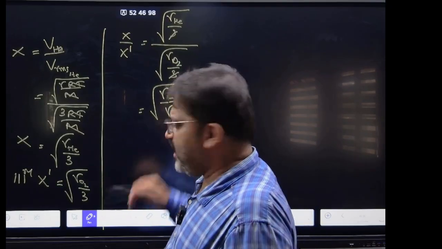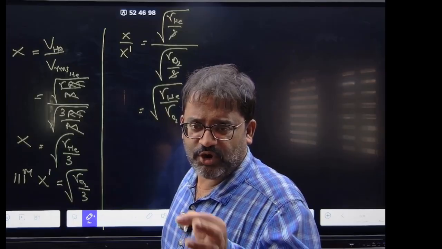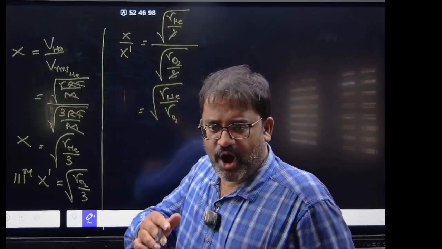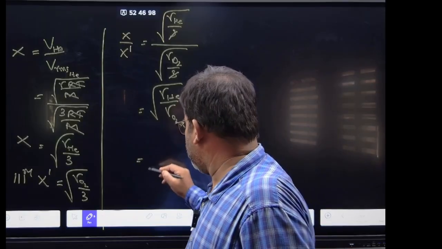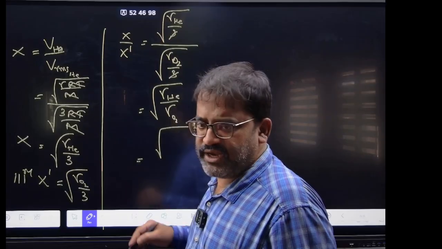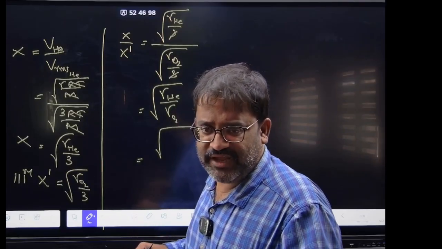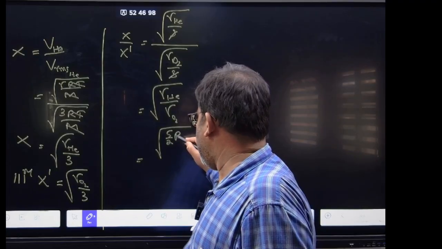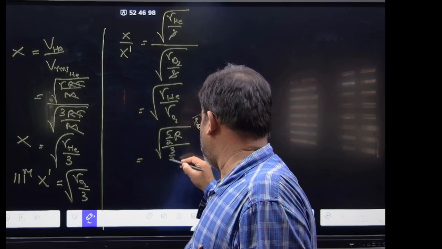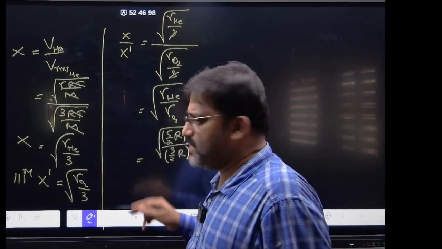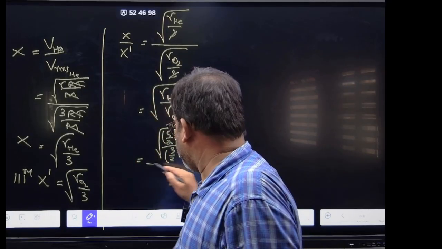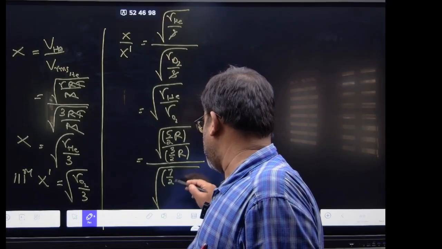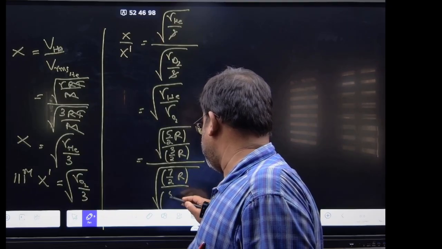Now, gamma He is the specific heat ratio of helium, and gamma O2 is the specific heat ratio of oxygen. So, gamma He is nothing but Cp of He divided by Cv of He. That is 5 by 2 R divided by 3 by 2 R. That is only for gamma He. For gamma O2, that will be 7 by 2 R divided by 5 by 2 R.